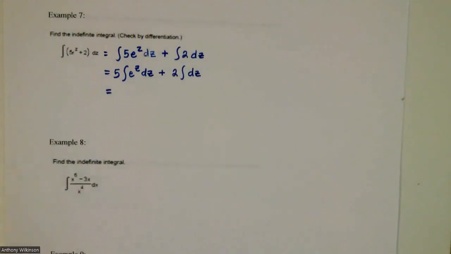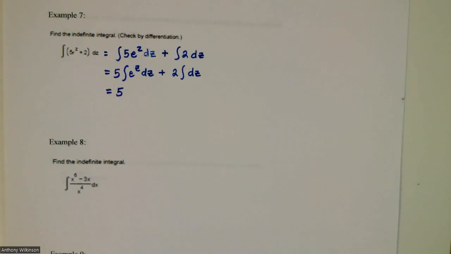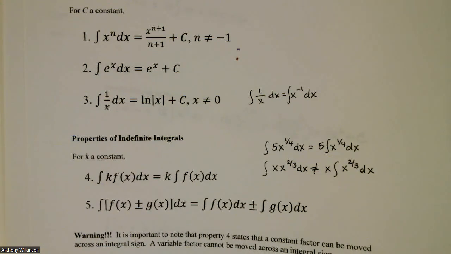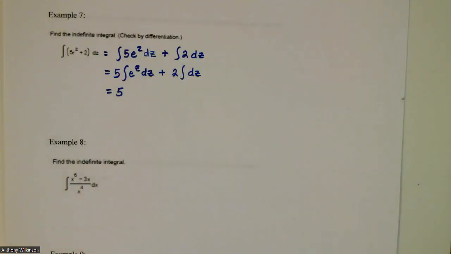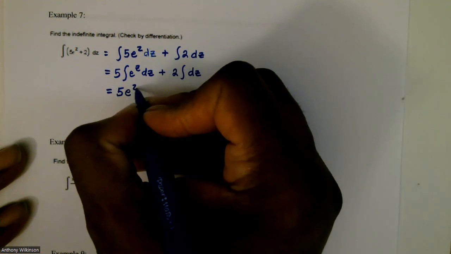Now let's integrate each part. Bring down the 5 here. The easiest integral, the integral of e to the z dz, just like the integral of e to the x dx, will be e to the x. So the integral of e to the z is simply e to the z.